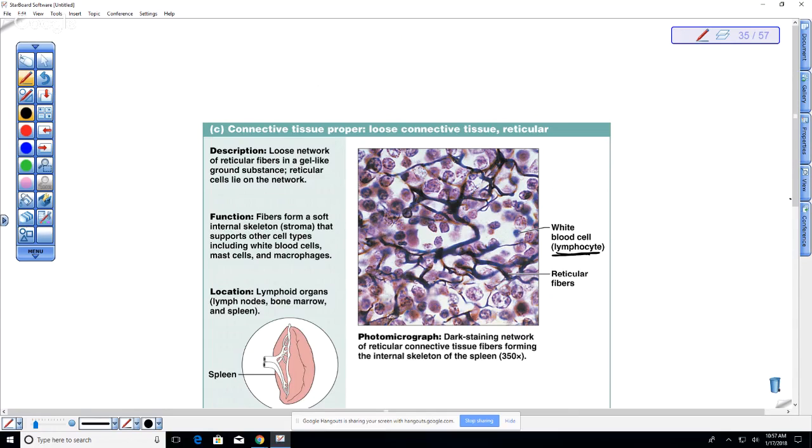And the reticular connective tissue is also found in lymph nodes. And so your lymph nodes would have macrophages or white blood cells in there that can tell when you have an infection, and that will proliferate and cause the swelling of the lymph nodes in your body when you are sick.